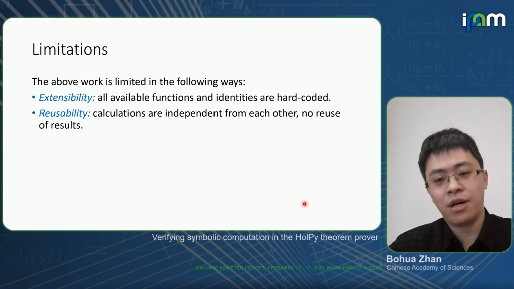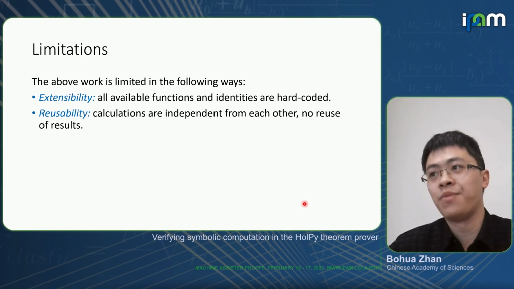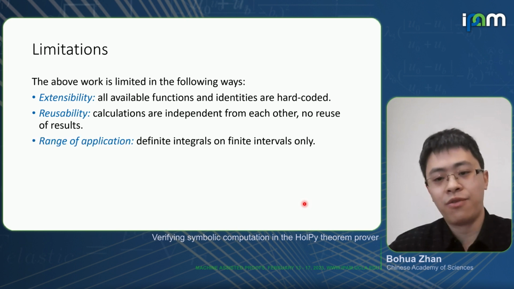The calculations are also independent from each other, so there is no reuse of results. For example, if we show an integral in a previous problem, we are unable to reuse the result in a subsequent problem. And also, of course, the range of integration is limited because we can handle definite integrals on finite intervals only.